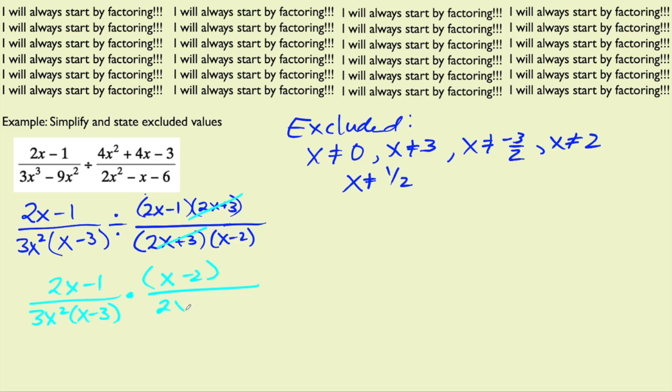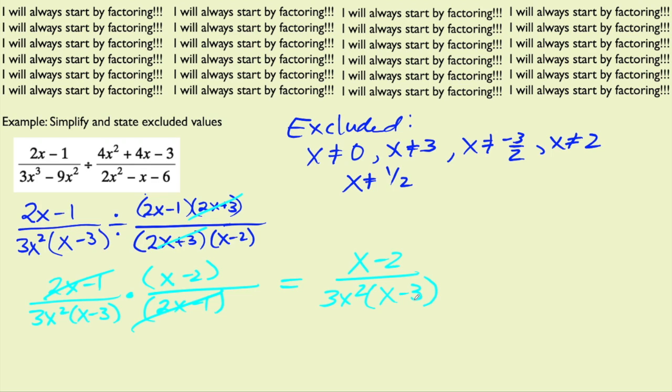And on the bottom, we get a 2x minus 1. Again, now I have a 2x minus 1 here and a 2x minus 1 here. So we say bye to them because they divide to 1. And it looks like our final answer is going to be x minus 2 over 3x squared times x minus 3. And that's how we divide our rational expressions.